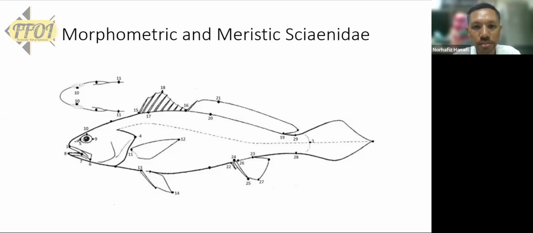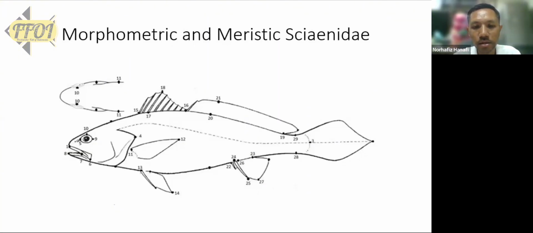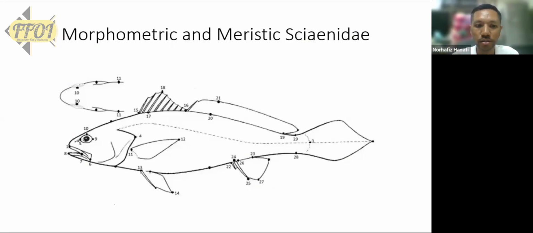I will provide the paper, my publication, with the landmarks, like these landmarks, and with every measurement, morphometric and meristic. I know some researchers who want to learn taxonomy don't know which landmarks are better for Sciaenidae, like which point is for standard length, which for total length, which for eye diameter, or which for pectoral length.